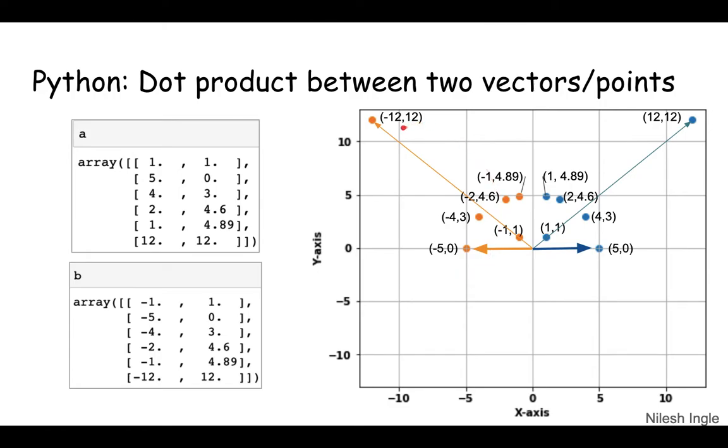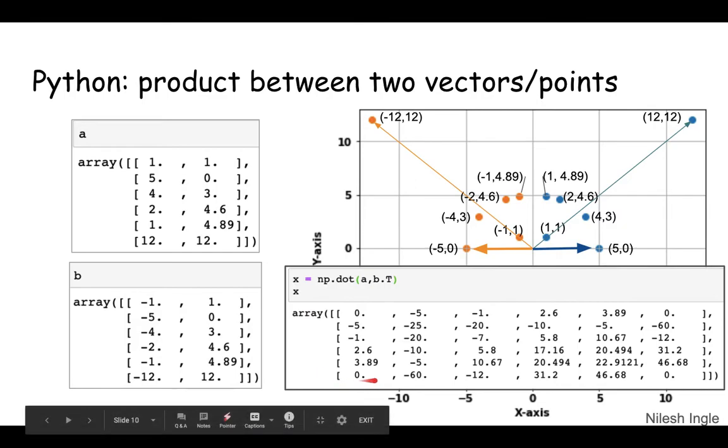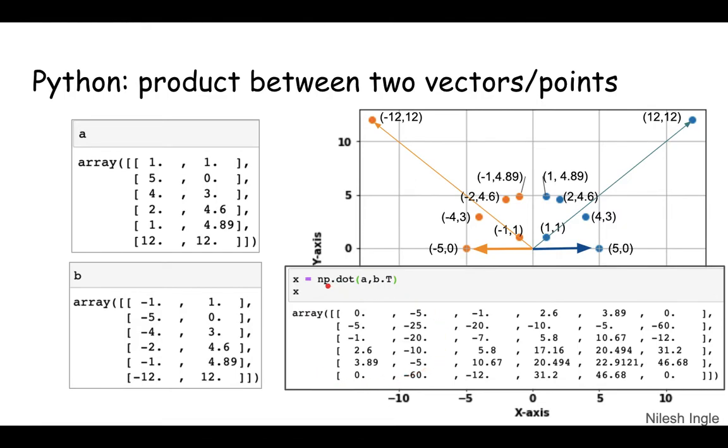Here we can also see that there are two points, -12, 12 and 12, 12. They are shown there to show that they are orthogonal to each other, as we saw in the previous slide. Now, if we do a dot product of A and B, we get a matrix like this in Python. So you probably remember this from previous videos.